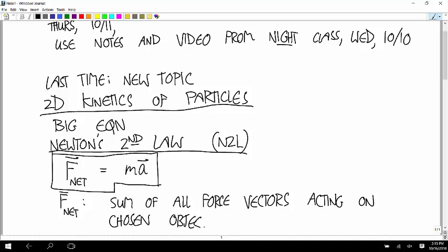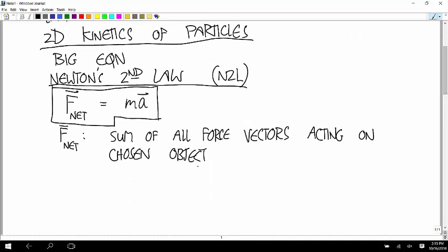This idea of a chosen object is going to be really important. If you're not careful about defining a chosen object, being clear about what the boundaries are, you're going to get things wrong using this equation. The idea of a very specific chosen object is a key thing. So Fnet is the sum of all the force vectors acting on it.